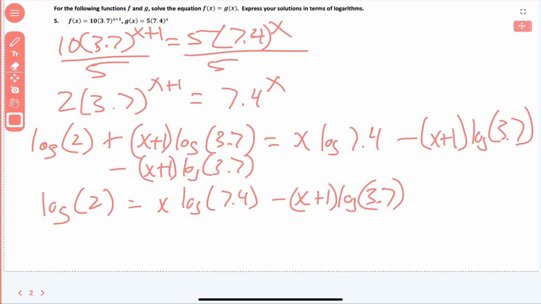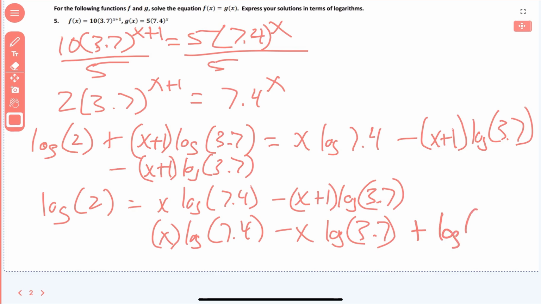What I would probably do here is say x log 7.4 minus x log 3.7 minus log 3.7. I would distribute that. That's what I would do. Which now we got to move back to the other side. Everybody following? So now let's move this back to the other side.